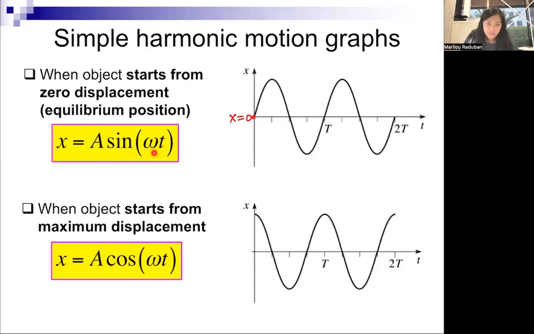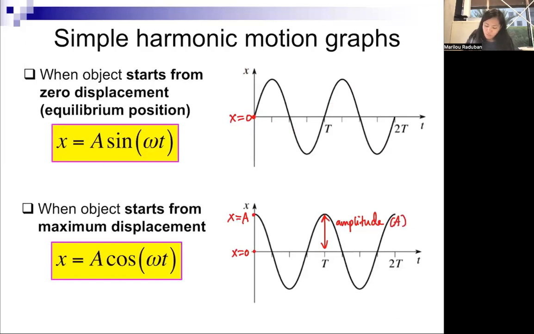Okay. Right. And for the second graph here, x is equal to 0, the equilibrium position is, of course, always at this point. But notice how the sinusoidal graph started from this point, okay, from the amplitude. Okay, so if this is the amplitude, you notice how your object started from x is equal to A, the amplitude.